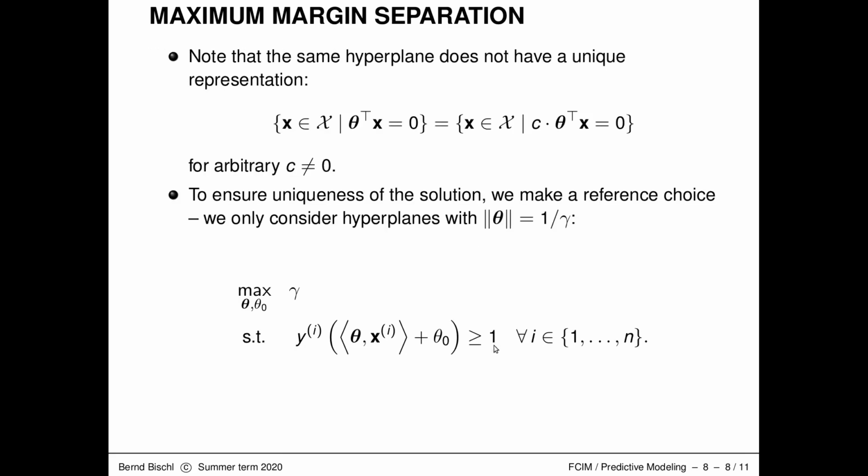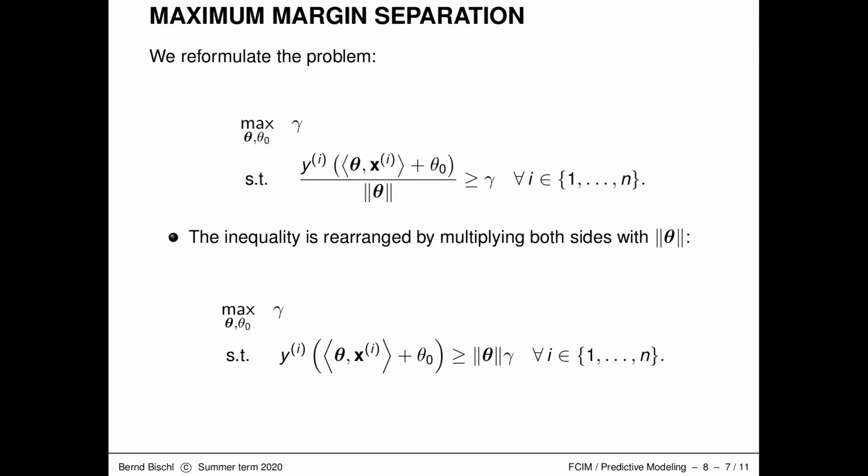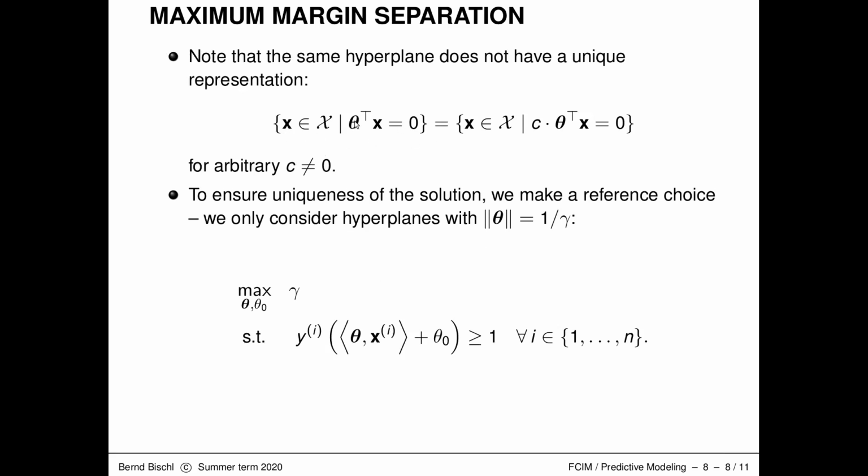And the next thing, and this is a little bit more subtle, so let me explain this slowly. The next thing we should note is that if we look at this optimization problem, in a certain sense it is not really nicely uniquely defined, because there are a lot of different hyperplanes that all have the same quality, because there's an infinite amount of different representations of the same geometric hyperplane.